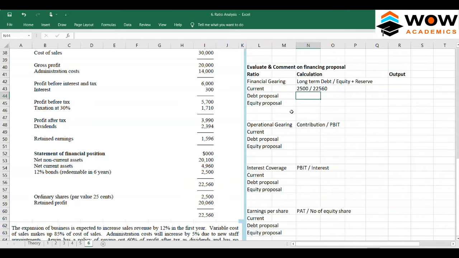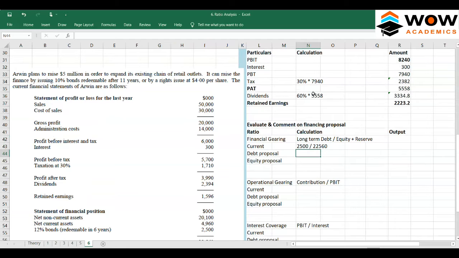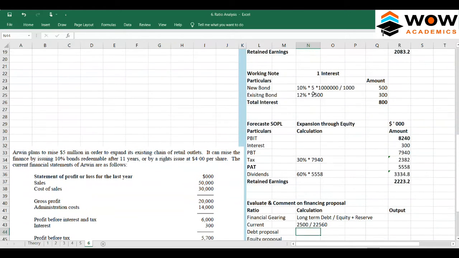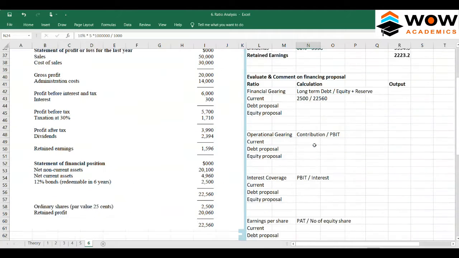After the debt proposal, what happens? The long-term debt will increase. Okay, it would have increased. So how much would it have gone? So we have to get the debt. Okay, so I think we'll get the new debt from here.